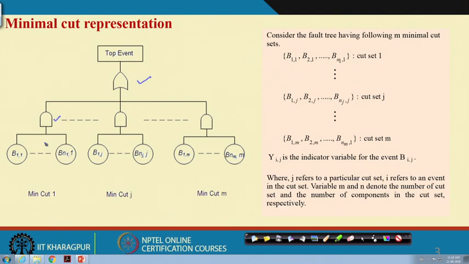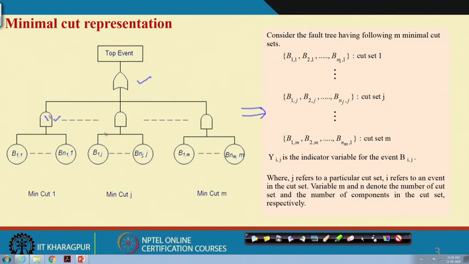So, now we will formally go for the structure function of this particular fault tree. Then we will define the basic events in the cut sets. One is how many cut sets we have.